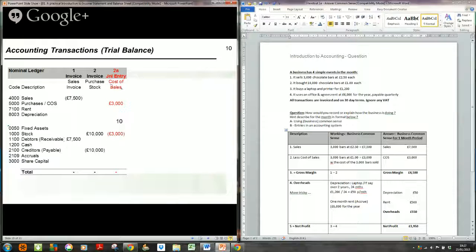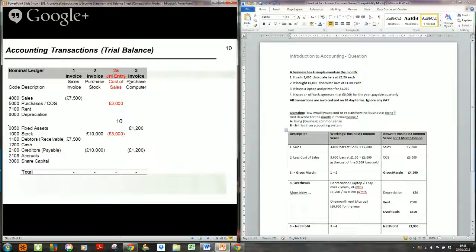This entry is either going to be made automatically by the account system, or somebody's going to come in and do that manually. And that's the £3,000 that we saw here in terms of the cost of sales. So hopefully you can start to match the £7,500 sold, the £3,000 in cost of sales. But in that common sense entry, we didn't account for the 10,000 chocolate bars because we're just interested in the 3,000 that we'd sold.